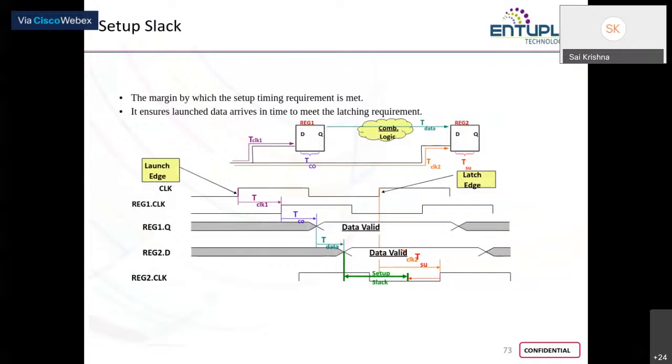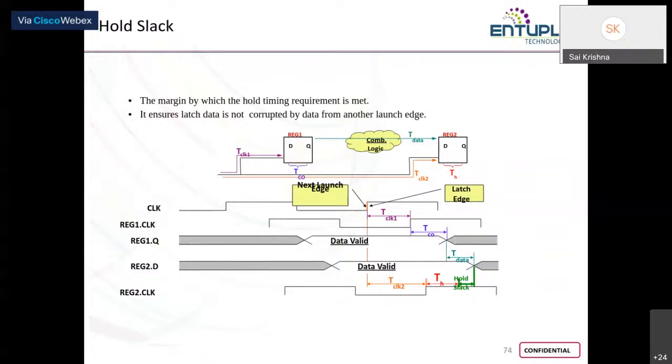So if you have a negative slack, it means your data is arriving late, because of which it could be lost. Whereas when it comes to hold, it is just the mirror image. Here for setup, slack is required time minus arrival time. For hold, it is arrival minus required, or for better understanding, launch time minus required time.